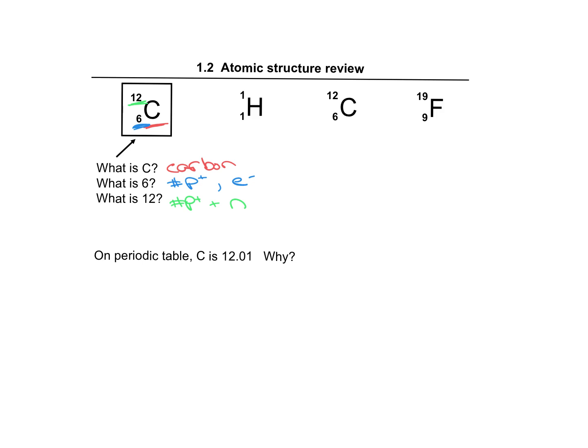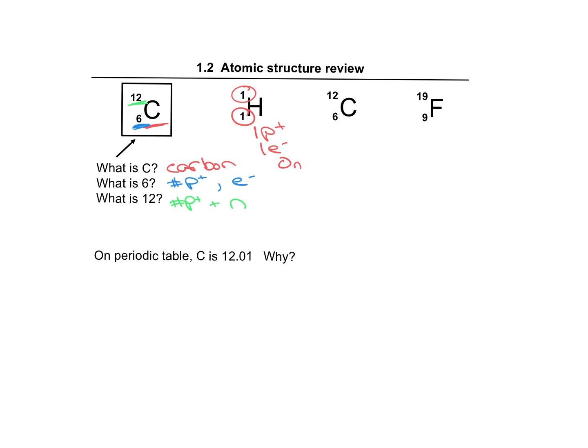So if we look at a few more symbols, here we have hydrogen, and we know based on the atomic number that we have one proton and we have one electron. And then focusing on the atomic mass, there are no neutrons. So one proton, one electron, and 0 neutrons in this particular atom.